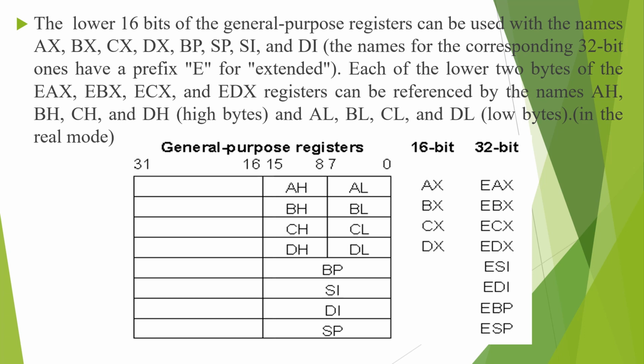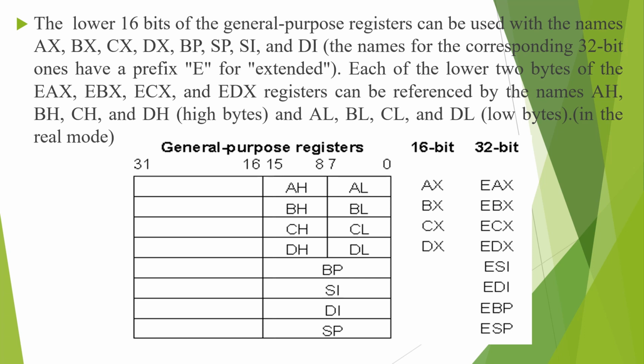Though the registers of the Pentium are 32-bit, the lower 16 bits of the general purpose registers can be used as AX, BX, CX, DX, BP, SP, SI and DI, and they can also be used as 8-bit registers as per the need of the application.